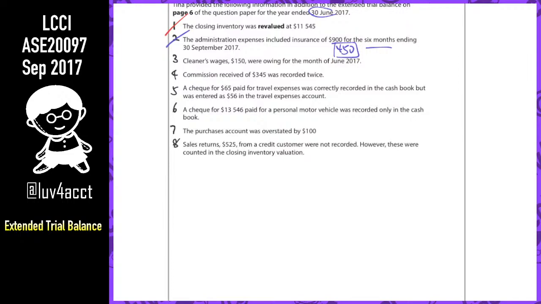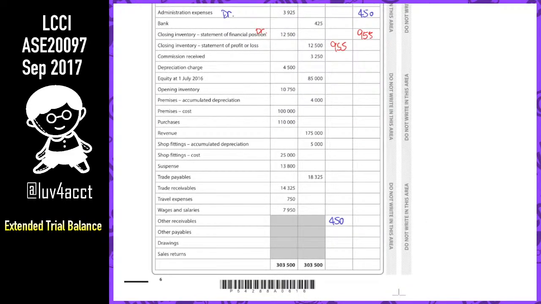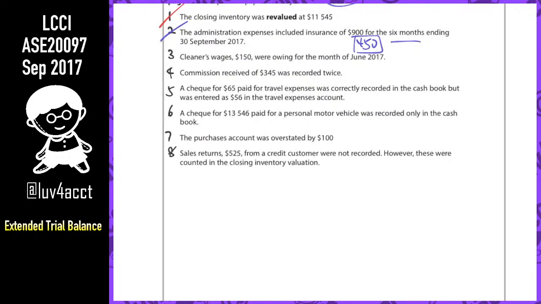So 150 cleaners' wages owing, we add. Is there any cleaners' wages or wages in general? Yes, here. It is in the debit side, so we add 150 by debiting, and then it goes to other payables. Item 3 finished.